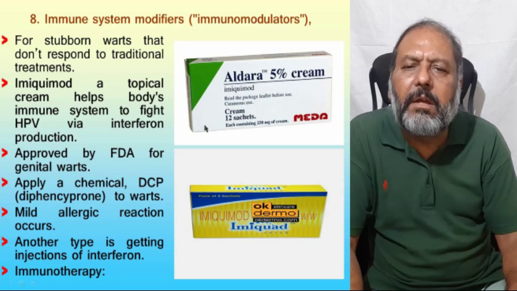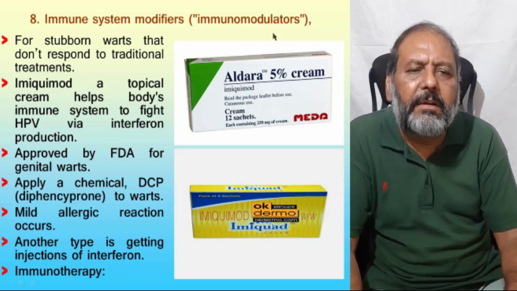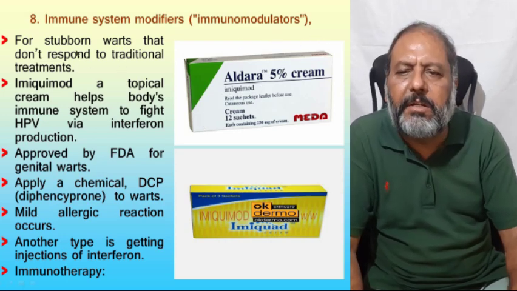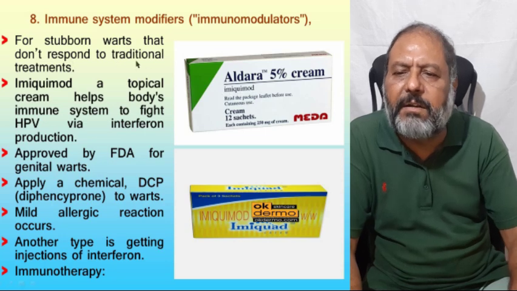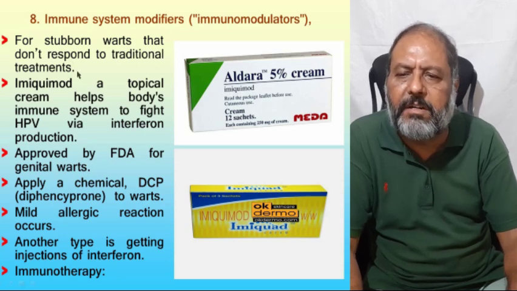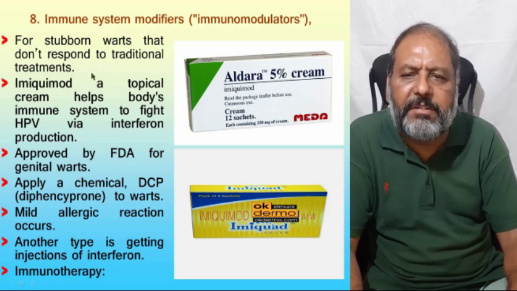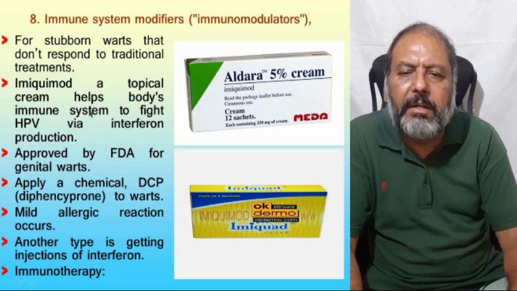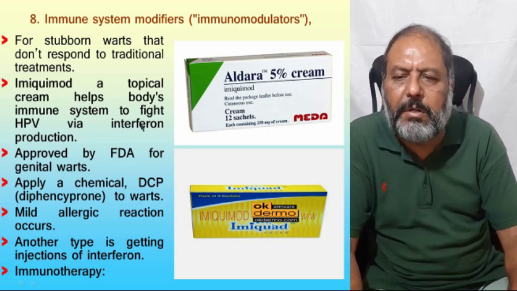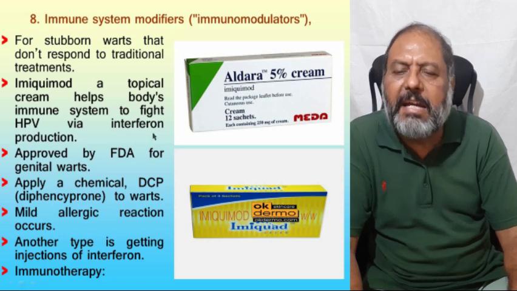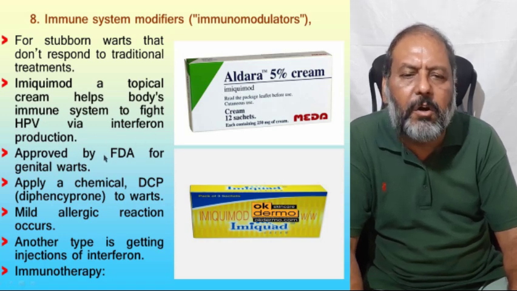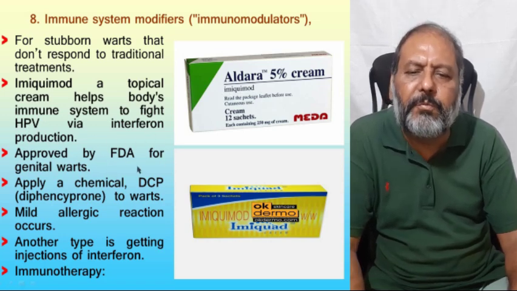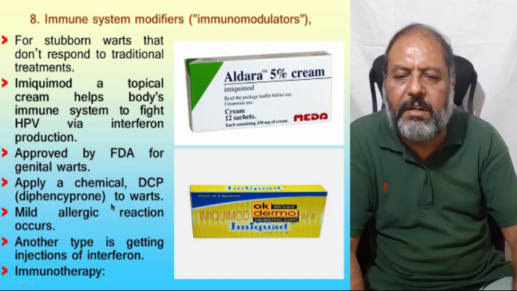Number 8 is immune system modifiers, or these are called immunomodulators, for stubborn warts that do not respond to the traditional treatment, as we have discussed previously. So imiquimod, a topical cream, helps the body's immune system to fight HPV via interferon production. It is approved by the FDA for genital warts.